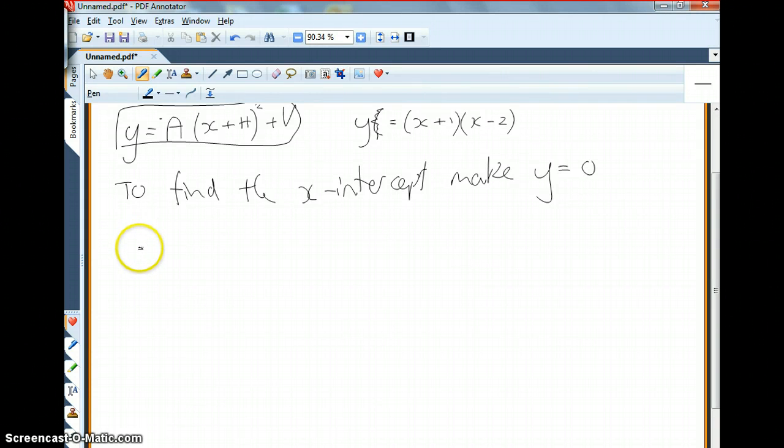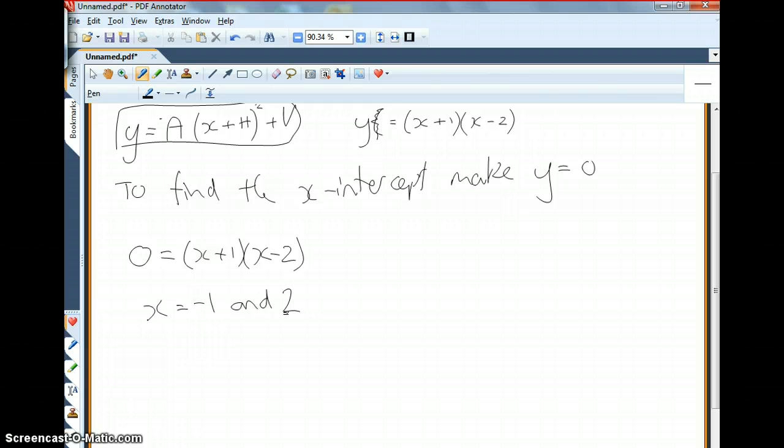So continuing with my example, I'm just going to make y 0 here, and solve. What are the two solutions? X equals negative 1 and 2.